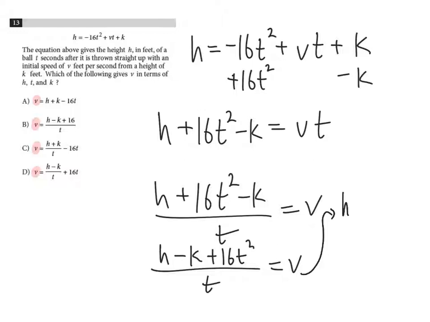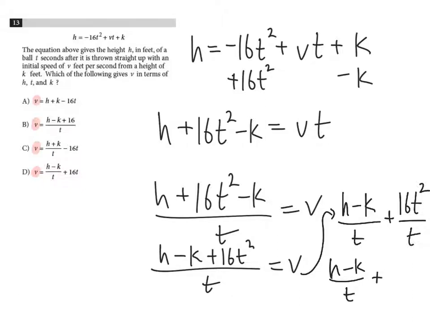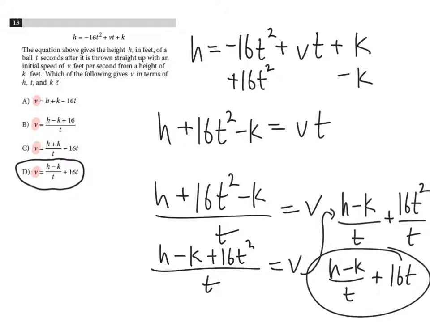It can be h minus k over t plus 16t squared over t equals v. Well, the first fraction can't simplify, but the second fraction I can cancel out a t. So it's going to be plus 16t. So we have h minus k over t plus 16t. And that is going to be letter D.